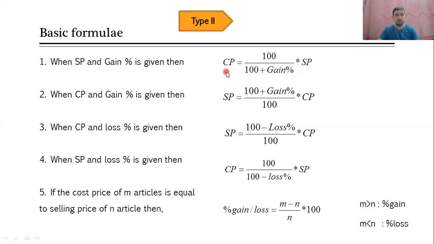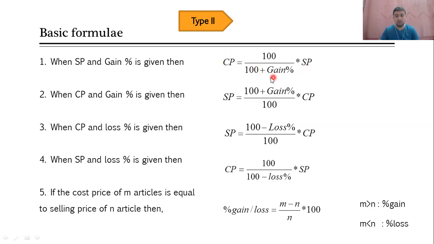Okay, what is CP here? Cost price. What is SP here? Selling price. So what is gain or what is profit? When selling price is more as compared to cost price. Is it right? So when selling price is more, obviously as compared to cost price, that means cost price should be less.